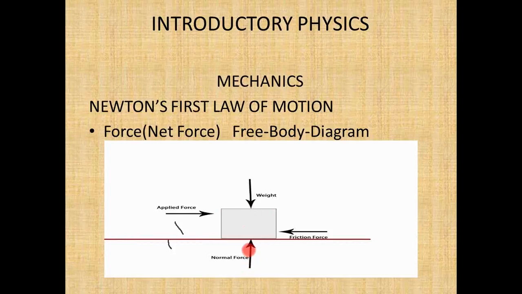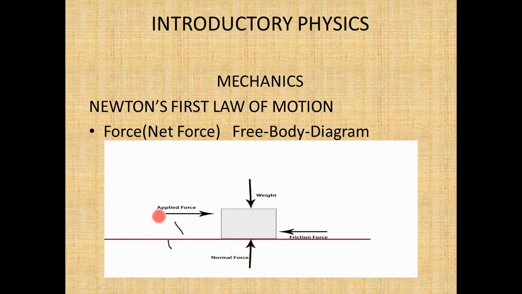The normal force, which has the same magnitude as the weight, is going to be pushing upwards. Once it's on a stable surface and the surface is not moving, it's going to push upward on the object, with the same magnitude but different direction from the weight. So the normal force is always in the opposite direction to the weight.